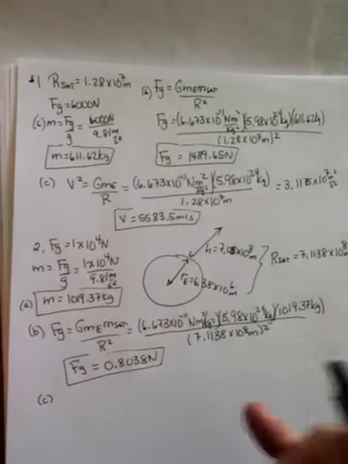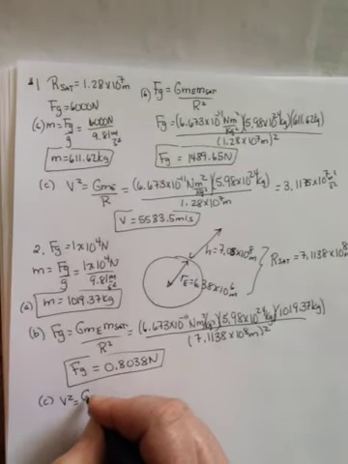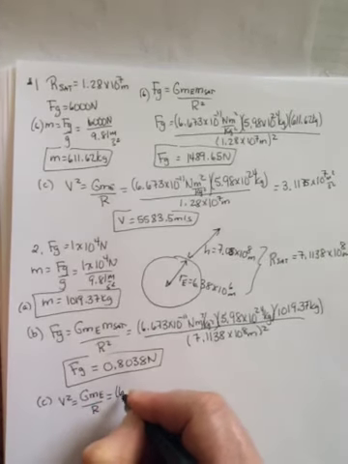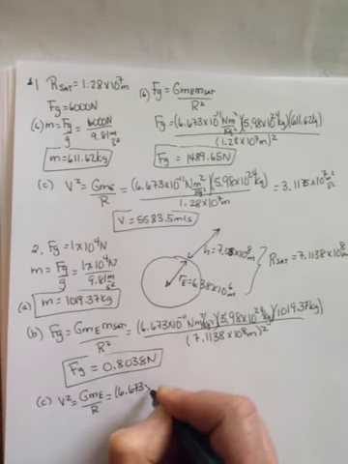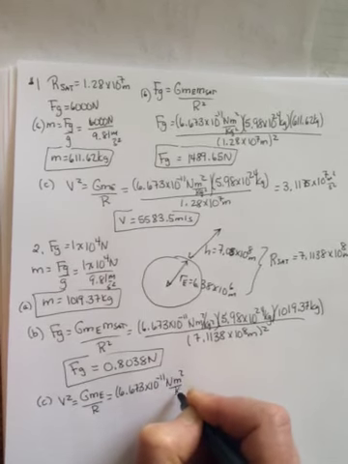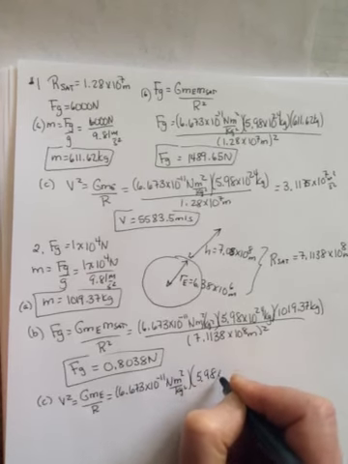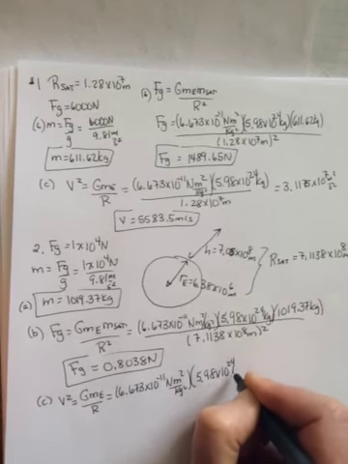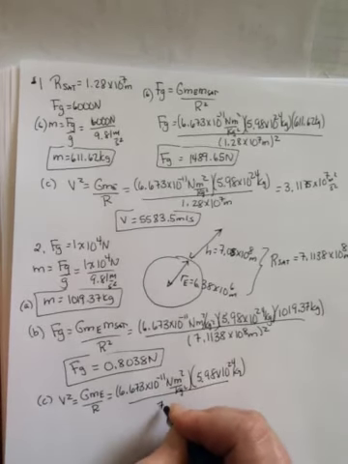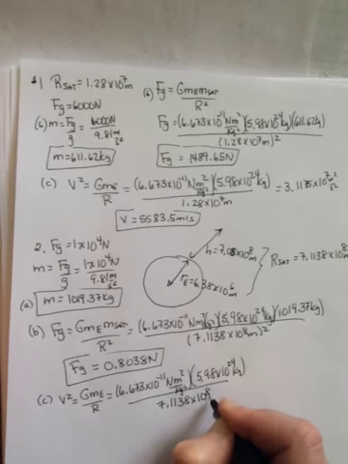Okay, part C says find its velocity. So again, I would probably use v squared is equal to g mass of the Earth over r, because we have those things. So 6.673 times 10 to the negative 11 newton meters squared per kilogram squared, 5.98 times 10 to the 24th kilograms over 7.1138 times 10 to the 8th meters.